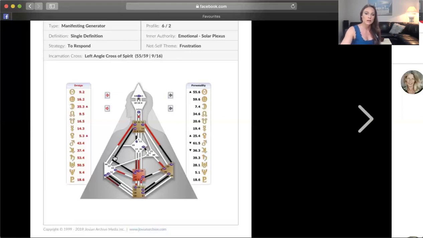And then you have a lot of activations in the spleen, which means that you're here to kind of be responsible in a way, like to feel the fear of tomorrow and how bad it could go, and the fear of failure, and the fear of the corruption and the purposelessness and all that. And at the same time, it's so important for you to not hold on to things that are actually not good for you.